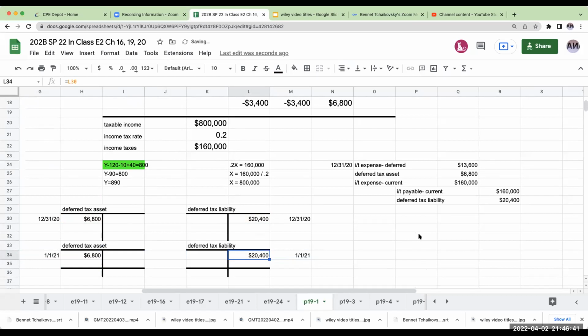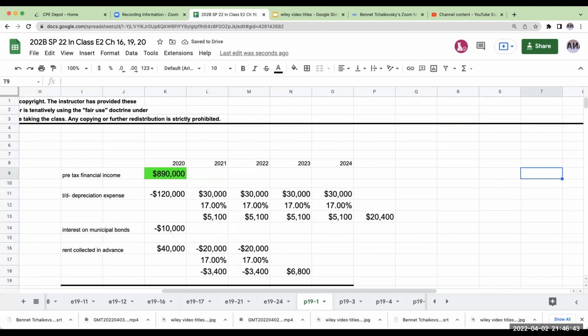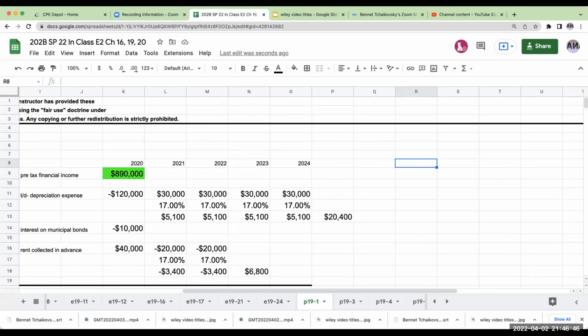But now what I'm going to have to go through and do is to say, once I reach 2021, what's going to be happening with my deferred tax assets and my deferred tax liability. So if I'm over here in 2021, and this is now going to be the current year, my temporary difference for the depreciation expense for 2022, 2023, and 2024 is still going to be 30,000, 30,000, and 30,000.